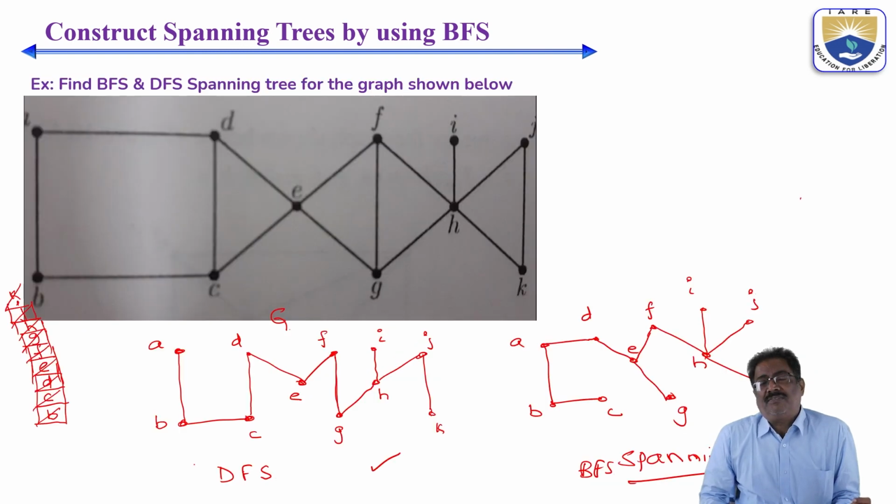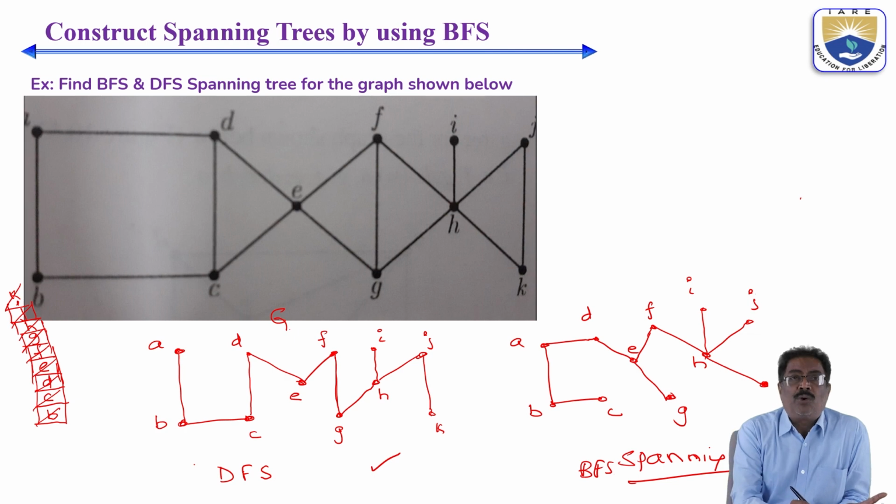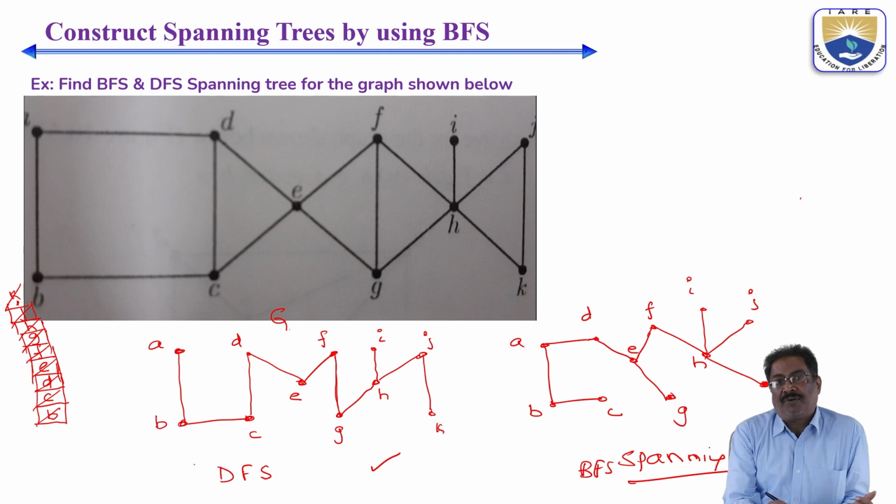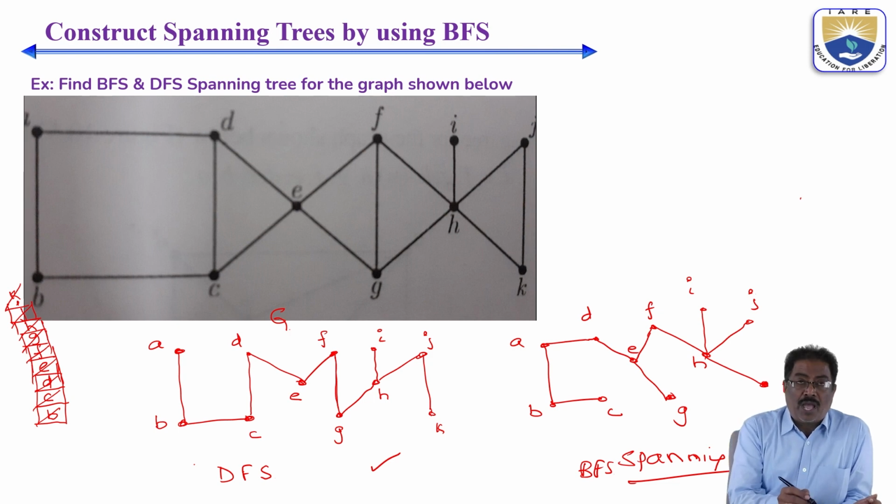In DFS, whatever vertex we consider, from its adjacent vertices we can consider either B or D, anyone; but for alphabetical order's sake I consider B. From B you have to go deeper and deeper.